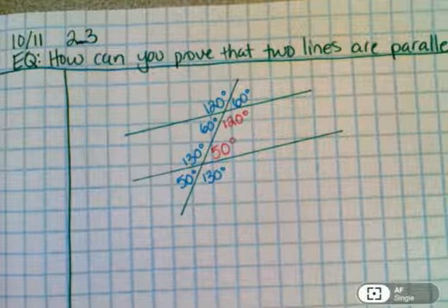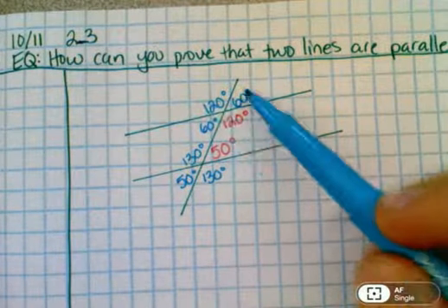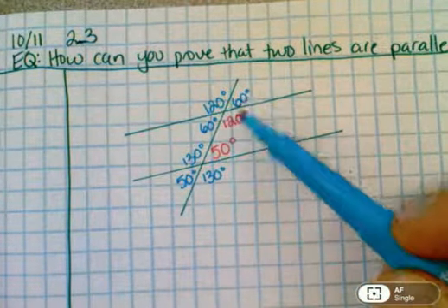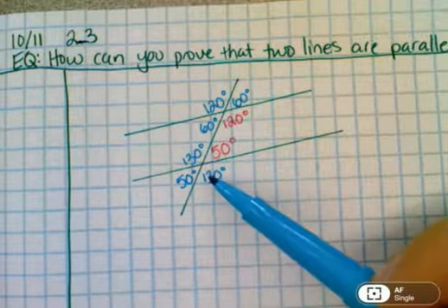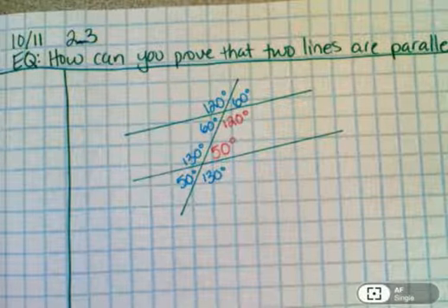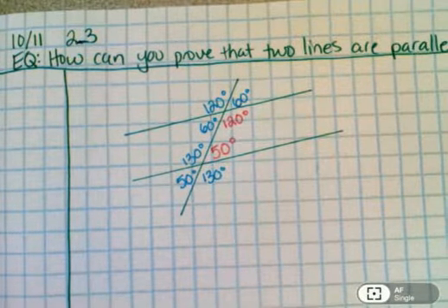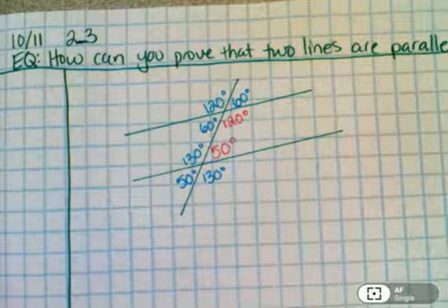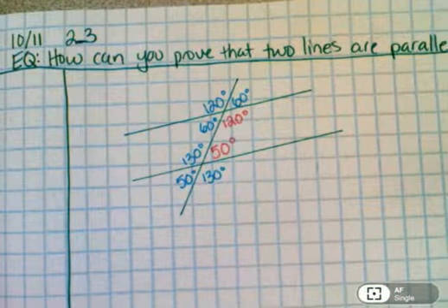Okay, so this is what I come up with. If this is 120 degrees, then these three have to be 60, 120, and 60. If this is 50 degrees, then these three have to be 130, 50, and 130. And so I hope you can see that these lines, even though I drew them to be parallel, are not in fact parallel based on those angle measures. Because if they were, then this intersection would match this intersection, and it doesn't.